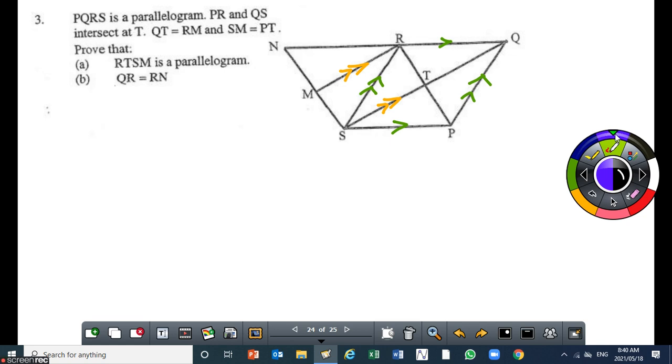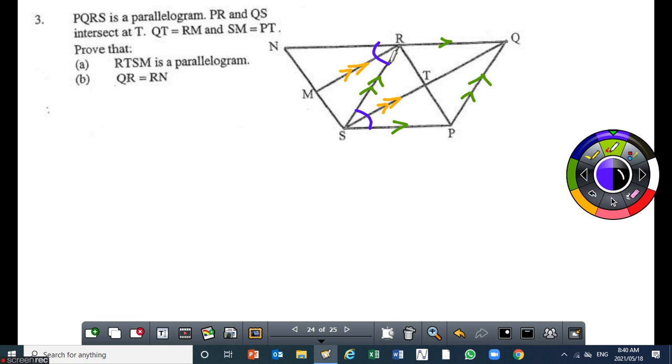Right, the good thing is I've got some lines that are parallel. For example, because SP is parallel to NQ, it means this angle here is going to be equal to that angle. All right? And be aware that SP is equal to RQ.